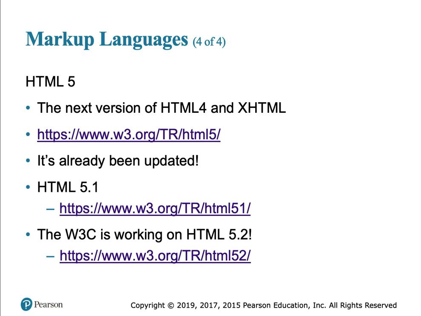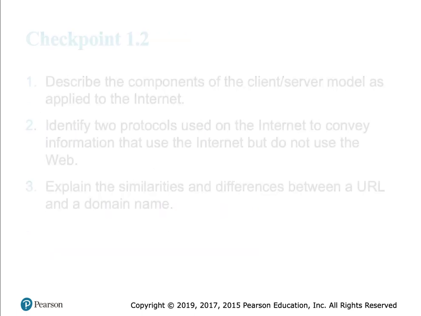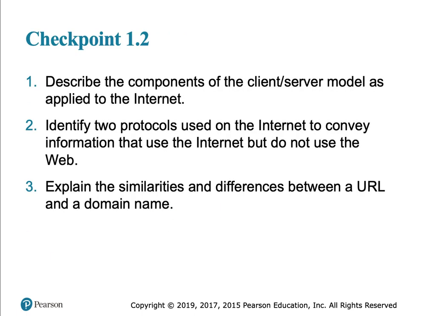There are changes for HTML 5.1, but we're still keeping with the same DTD at this point. Again, we'll cover that in Chapter 2. And then obviously we're also working on updates to cascading style sheets and how they play a role in your HTML development. Hopefully this was a brief and quick summary of Chapter 1.